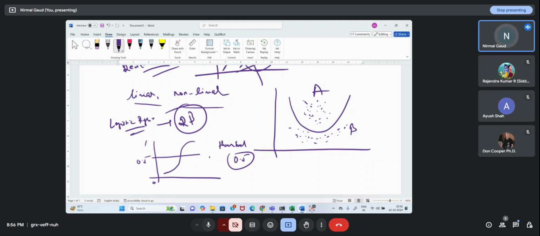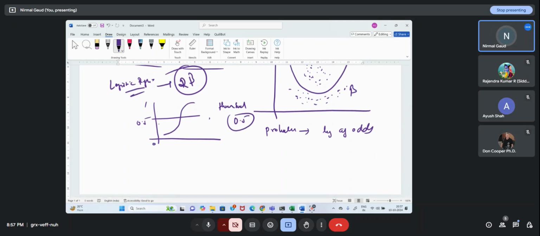You told us that everything depends upon probability. You took log of odds, and odds is p upon 1 minus p, which is a probability. So you are totally talking about the probability of an outcome. Do we have to make any decision boundary like this?